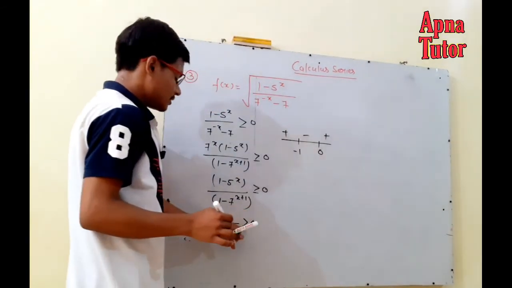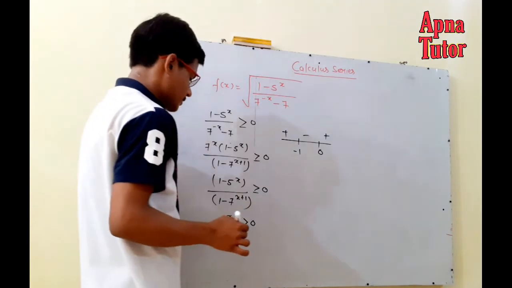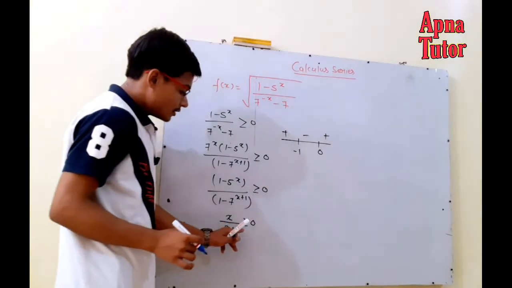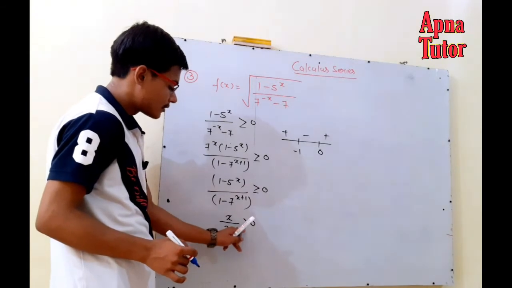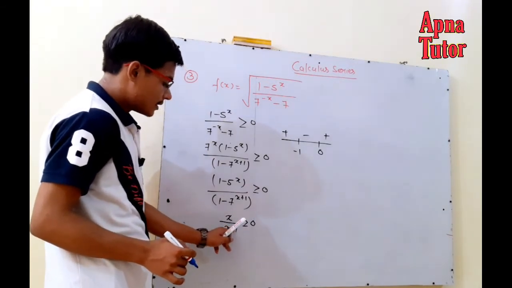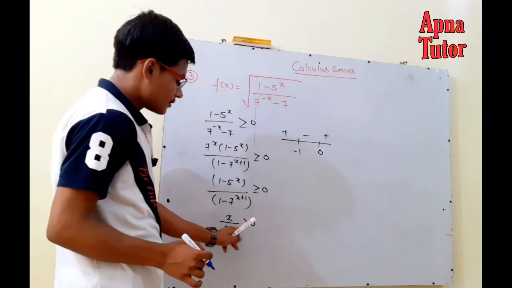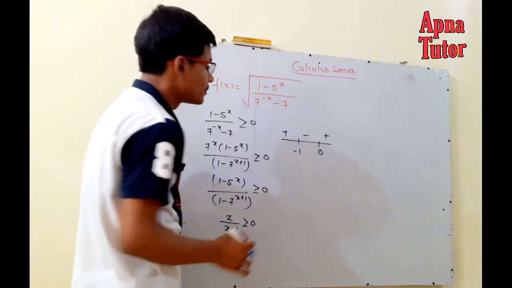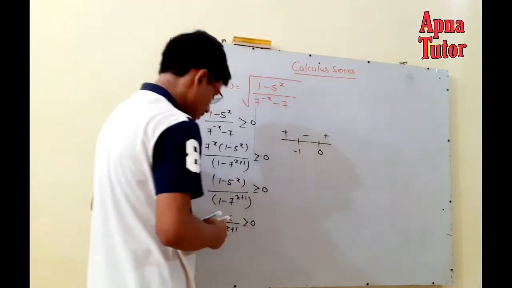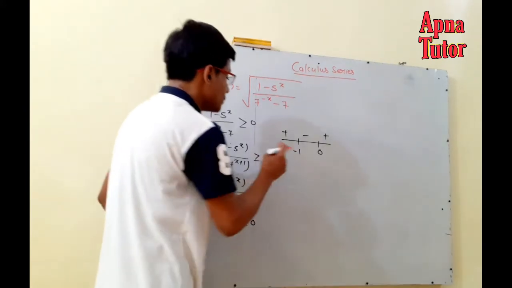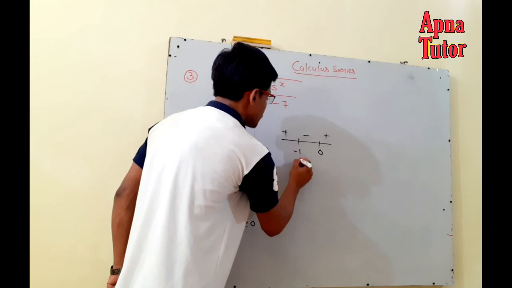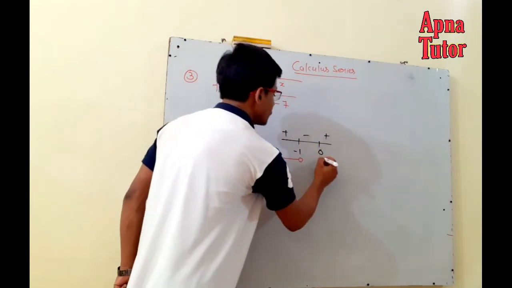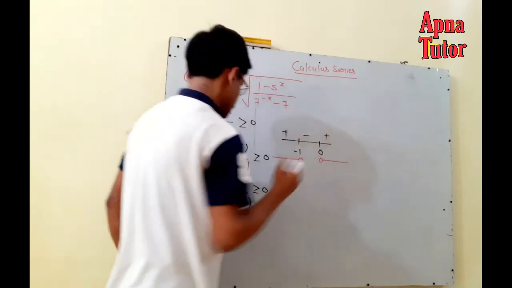So to make this inequality positive, you have to exclude x equal to minus 1, because at x equal to minus 1 this inequality will become undefined. So this will be excluded.